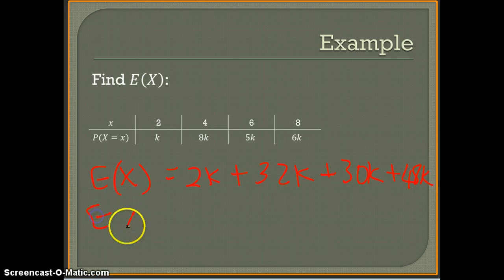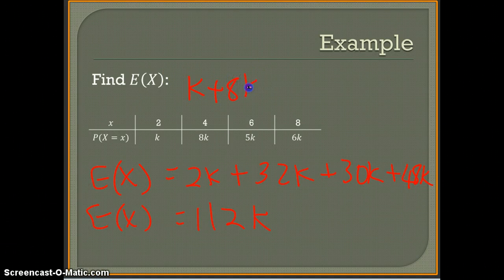Okay, so the expected value of x equals, what do they all add up to? 112k?